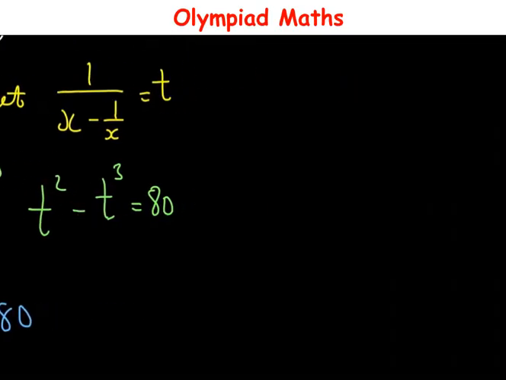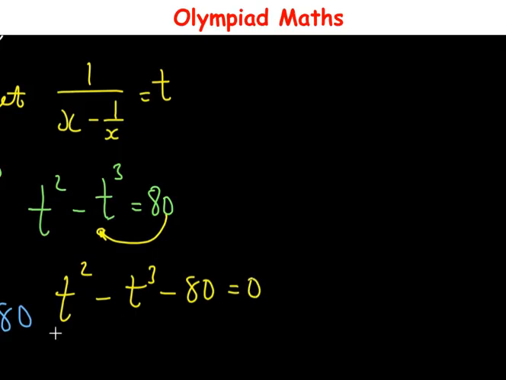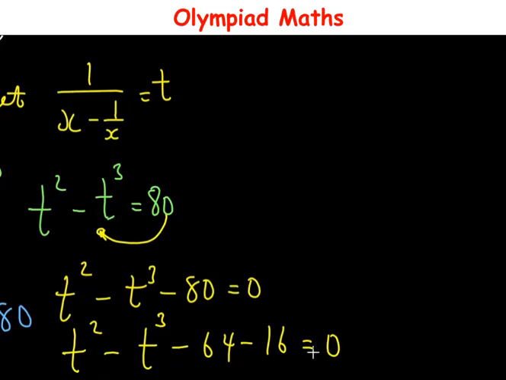To solve this, first move 80 to this side. What we have is t² minus t³ minus 80 equals 0, and this can be written as minus 64 minus 16, and this equals 0.